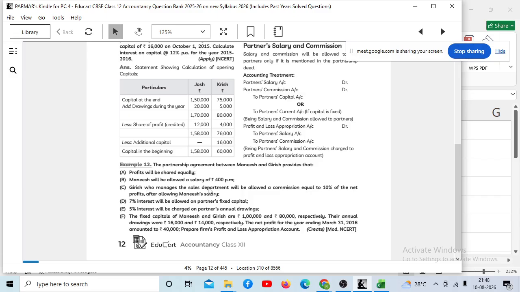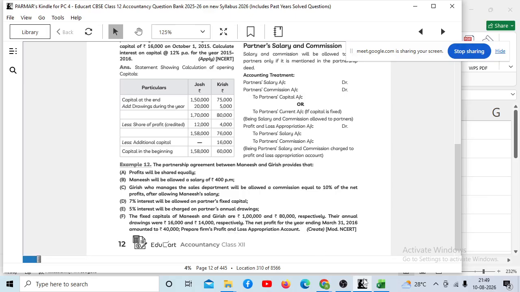Girish, who manages the sales department, will be allowed a commission equal to 10% of the net profit after allowing Manish's salary. 7% interest will be allowed on partners' fixed capital. 5% interest will be charged on partners' annual drawings. Fixed capital of Manish and Girish are 1,80,000 respectively. Their annual drawings were 16,000 and 14,000 respectively. The net profit for the year ending 31st March 2016 amounted to rupees 40,000. Prepare the firm's profit and loss appropriation account.